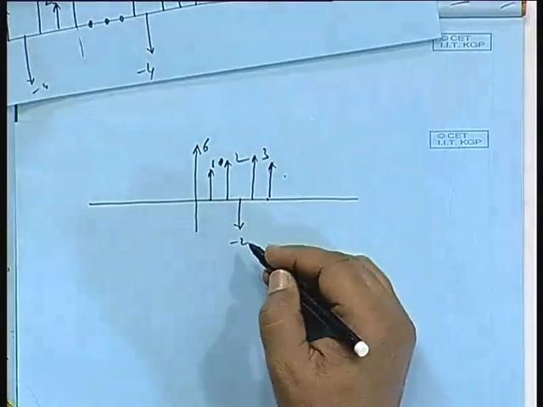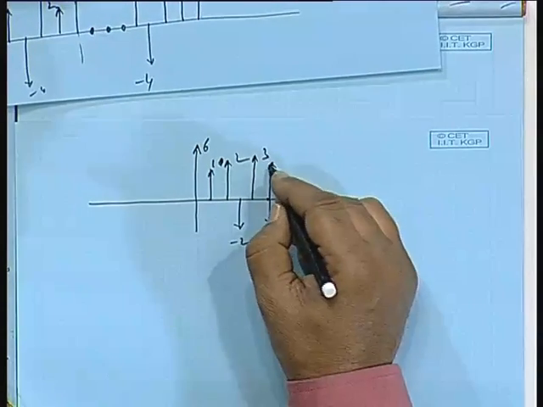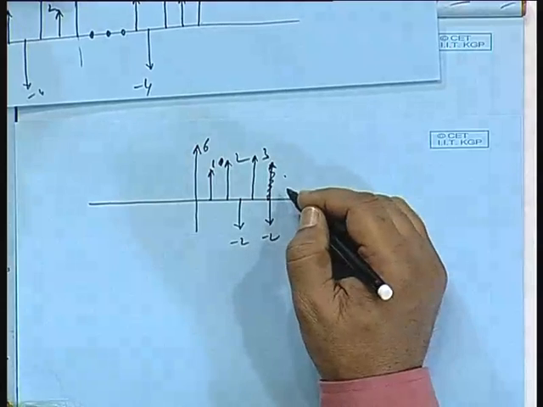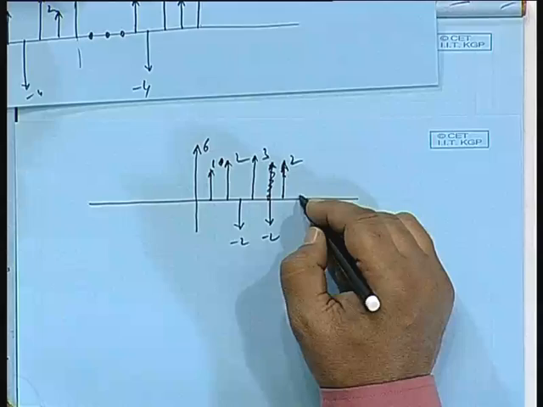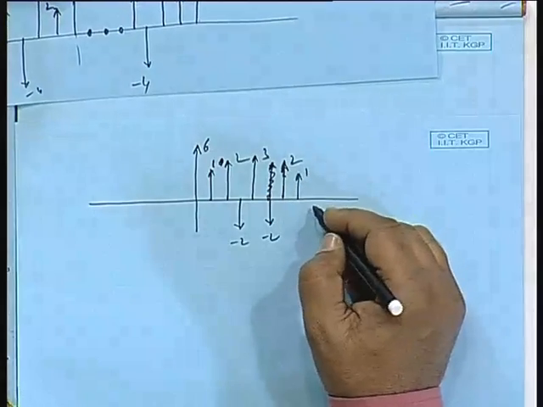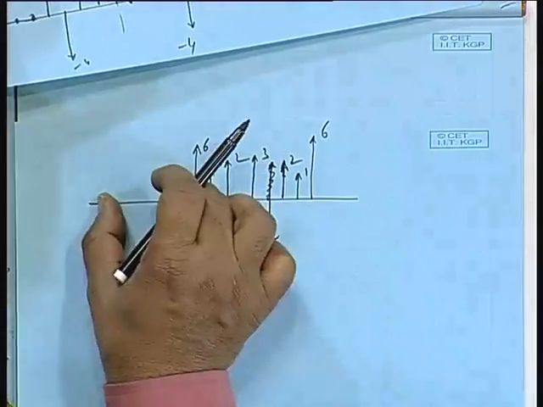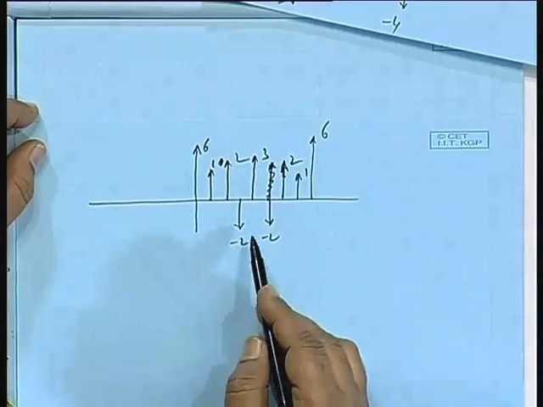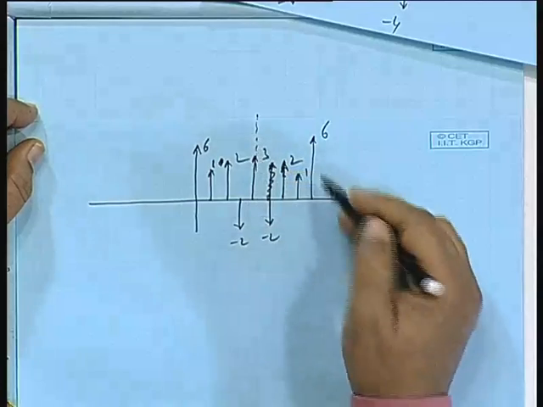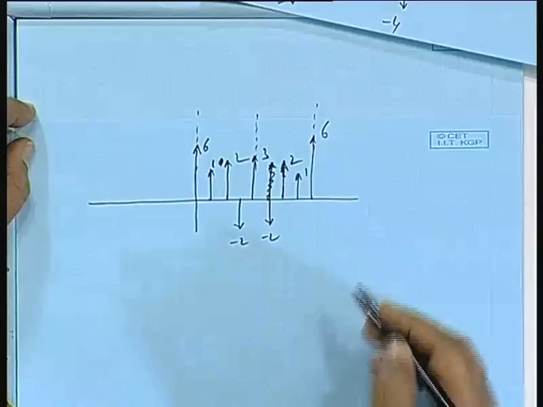Immediately after that, it should be minus 2. Yes, minus 2, and then it becomes plus 2, then plus 1. Then again 6, and so on. You can have just an image on this side. I have not really drawn to the scale, that is why I have written the magnitudes. You will find it is symmetric about the midpoint. It is also symmetric about the starting point 6. This will be x_e[n].